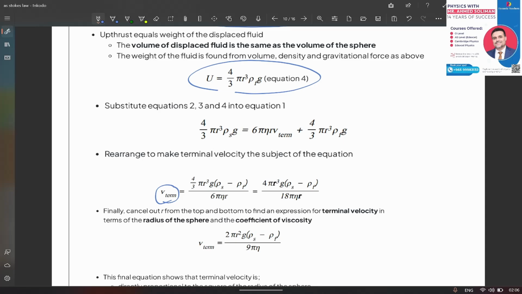So Fd again equals 4 over 3 pi r cubed g, rho s minus rho l. Instead of Fd, we can write 6 pi eta r v. So if you want to find V terminal, you need to divide by 6 pi eta r.